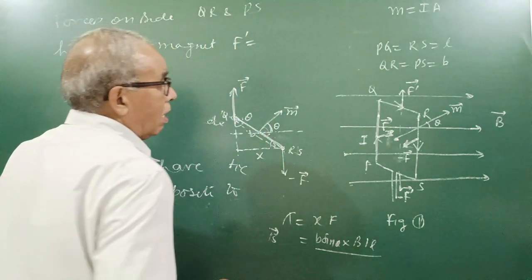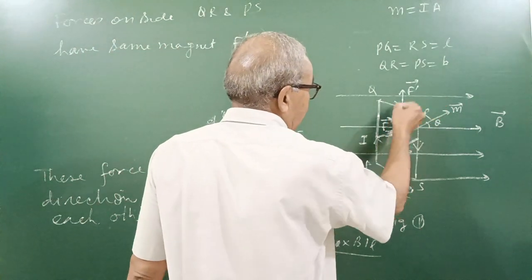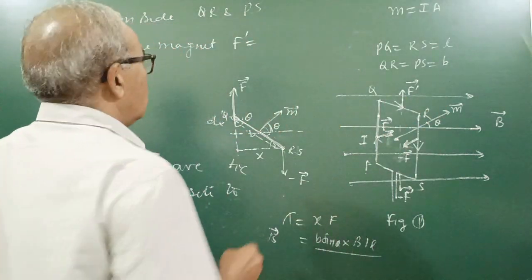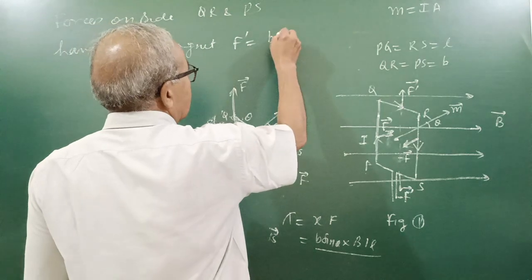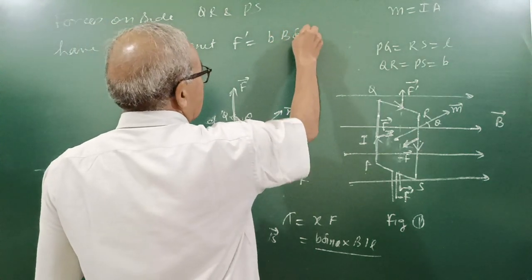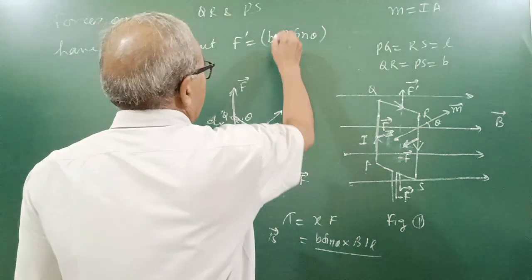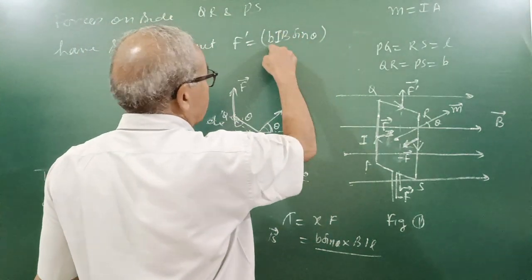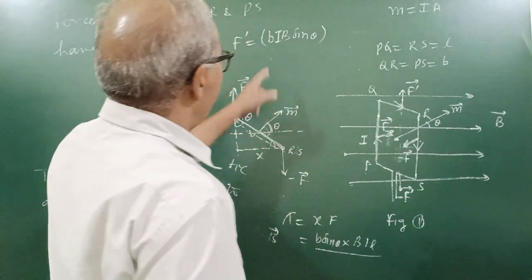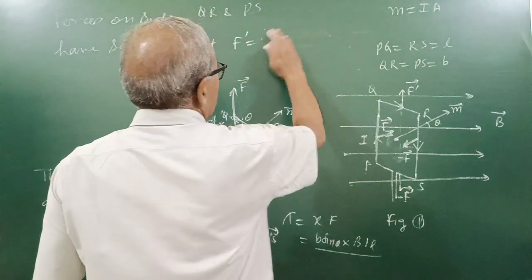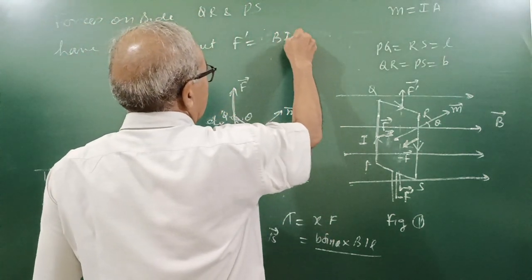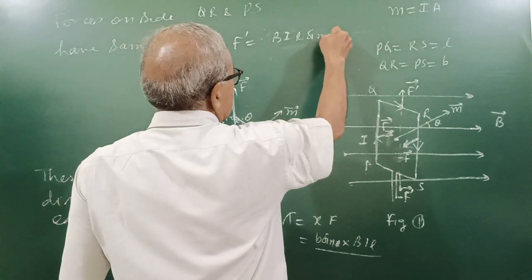Actually these make angle theta, so you can say B into B sin theta. Now magnitude BIL sin theta. Sorry, BIB sin theta.